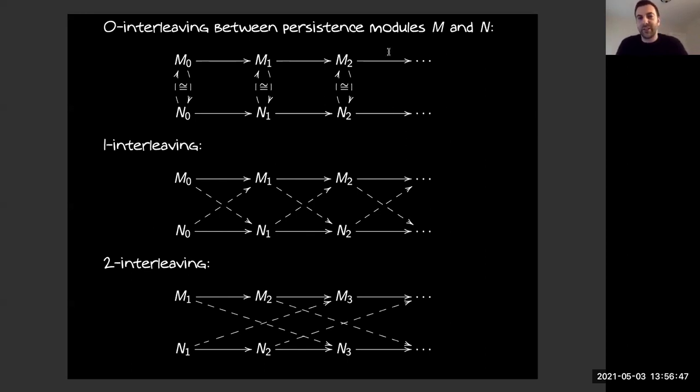A 0 interleaving looks like this. It's the data of a pair of inverse isomorphisms between 2 modules. A 1 interleaving looks like this. It's this crisscrossing diagram of vector spaces extending the modules, where when you cross over, you go to the right once in either direction. A 2 interleaving is the same, except when you cross over, you go to the right twice.